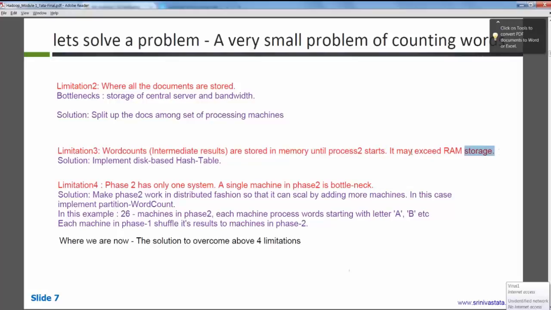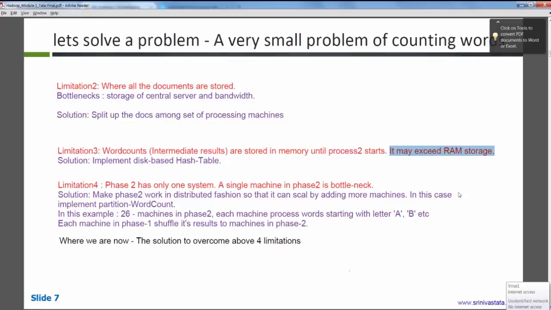Suppose there are 10 documents for each machine, RAM storage would be fine. Suppose if there are a million documents for each machine, you are building a spam filter. Think about that now. Spam filter you are building. So a million documents for each machine. In the first million documents, the machine computed how many times the word appeared, how many times something appeared, like that.